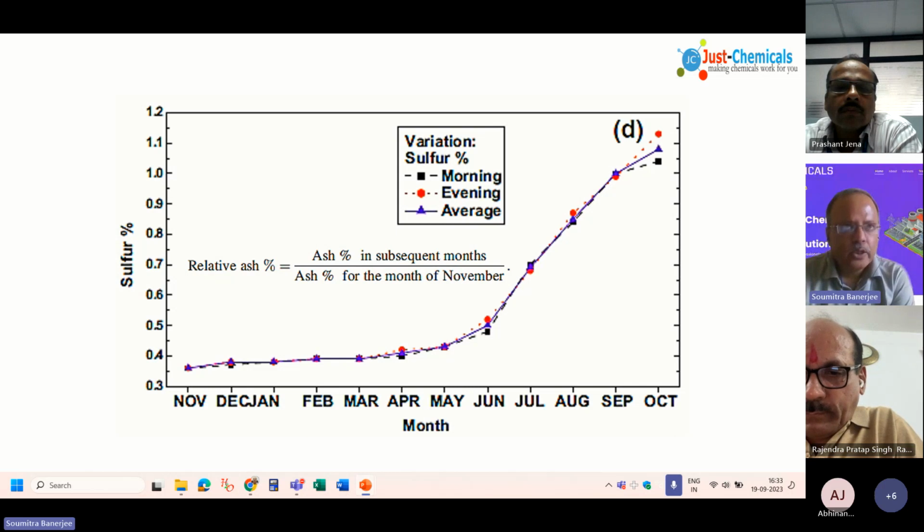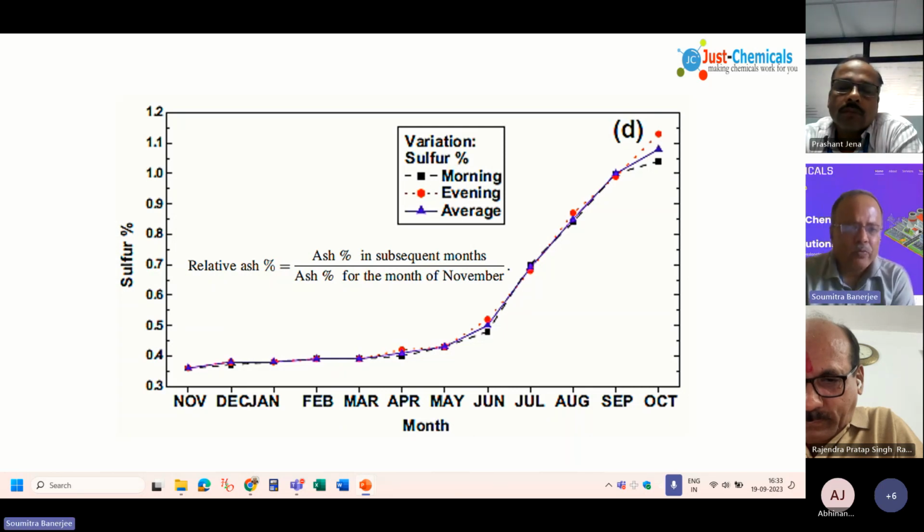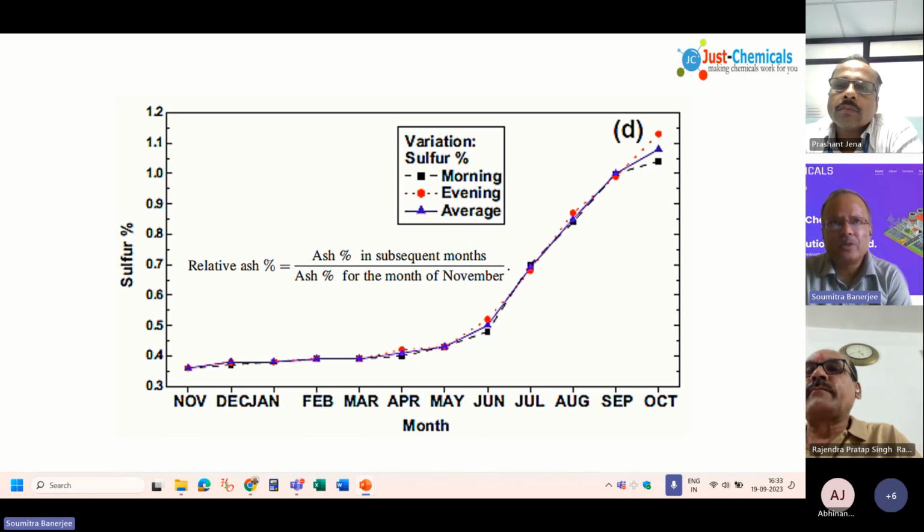So ultimately, you are burning the same amount of coal in kg, but making your boiler and auxiliary consumption higher. Your auxiliary consumption would be higher when it is handling more ash. When it is handling more sulfur, you have to keep the temperatures a bit higher. Though you'll get a little bit of energy out of sulfur, that energy remains constant, whether it was the first day or the 180th day.